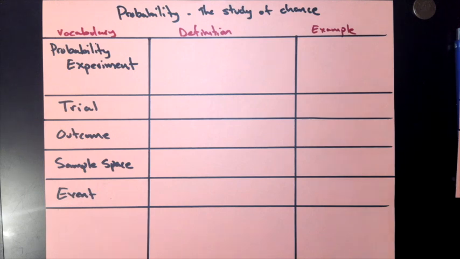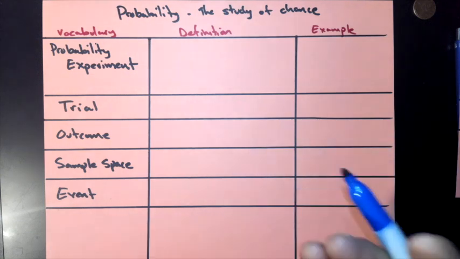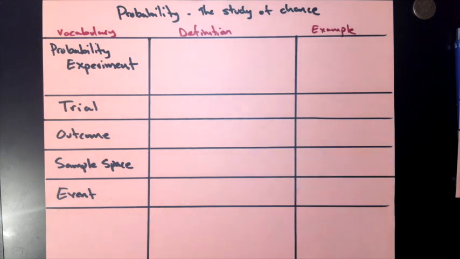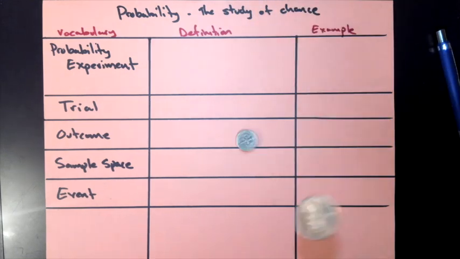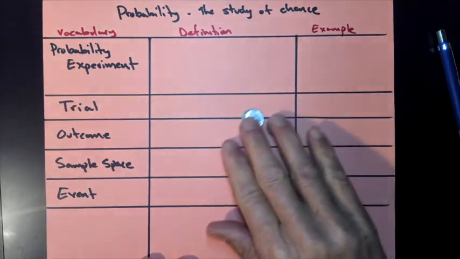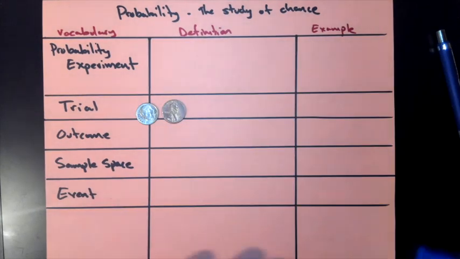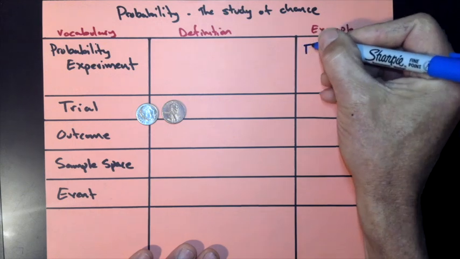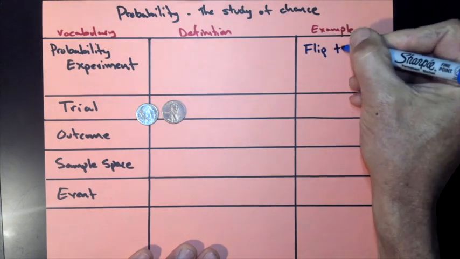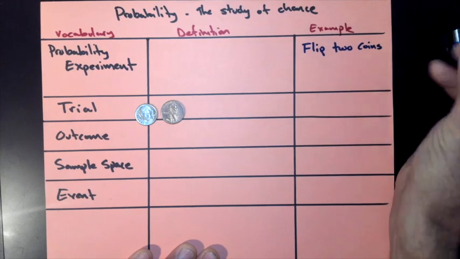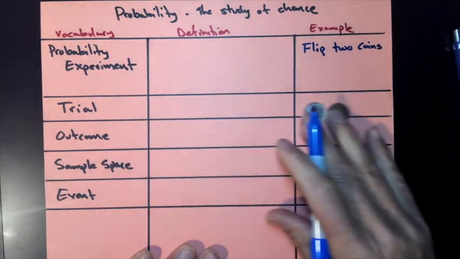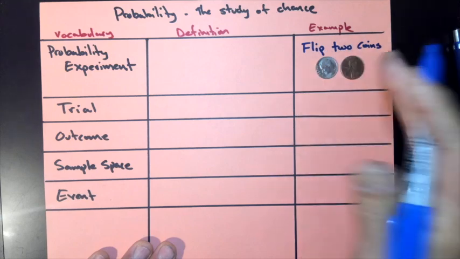The first thing we're going to look at is what is a probability experiment, or just an experiment, we call it. That is going to be something like, for example, I flip two coins. That is a probability experiment. The definition is basically this: I can repeat that and do it again.